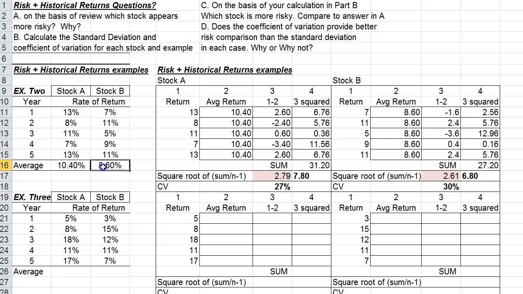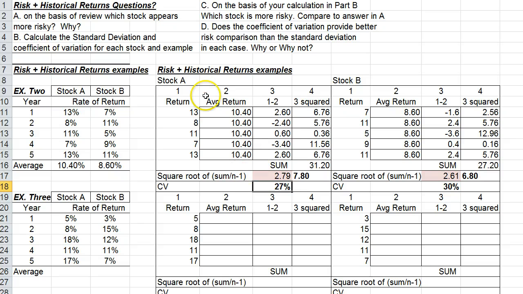And stock B has a lower return, so even though the standard deviation would show that stock B has less dispersion, since the return is lower, it's riskier. And that's why stock A is less risky, because the return is higher even though the standard deviation is higher, which will produce a lower coefficient of variation.